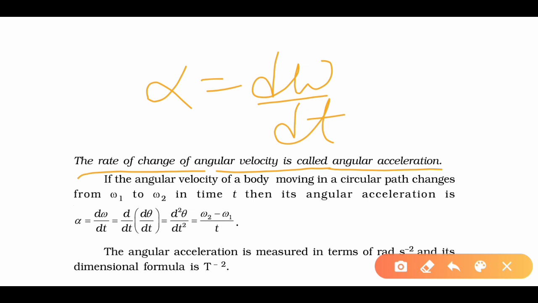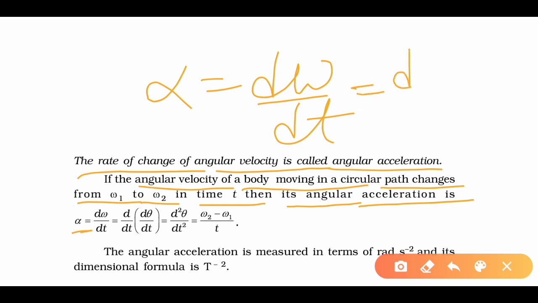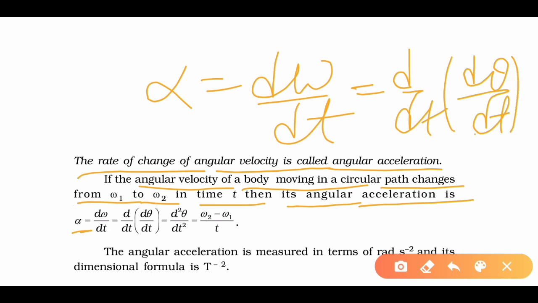Now, if the angular velocity of a body moving in a circular path changes from omega 1 to omega 2 in time t, then its angular acceleration is alpha equals d omega upon dt, or we can write it as d upon dt into d theta upon dt, because we know d theta upon dt equals omega.